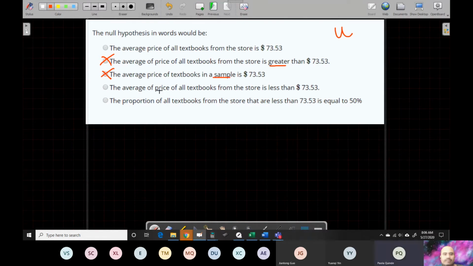The average price of all textbooks from the store is less than. Definitely, they're not using the word less than. They're not using that symbol. The word proportion is wrong because now we're not using p, we're using mu, and we said that this was the value. So this is the correct one.